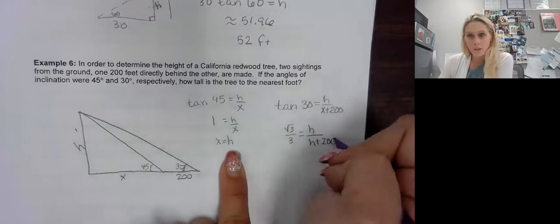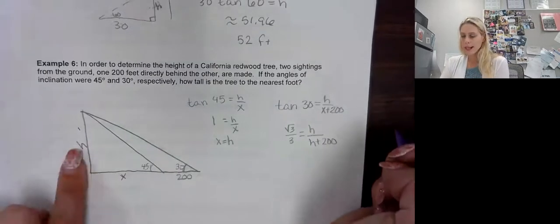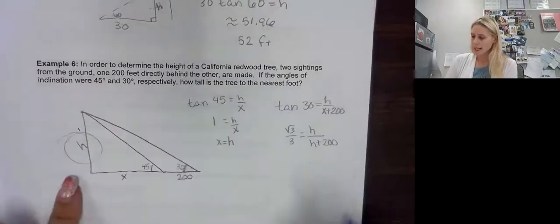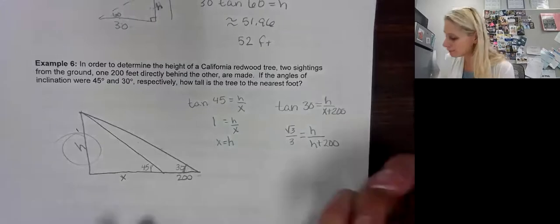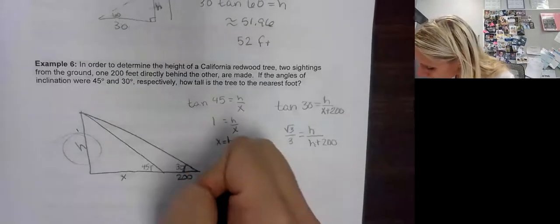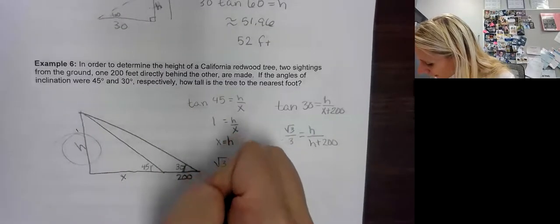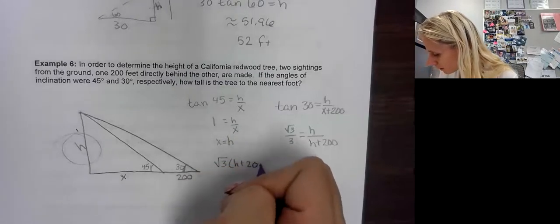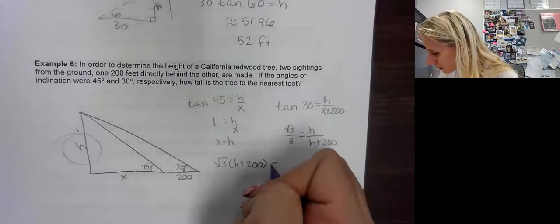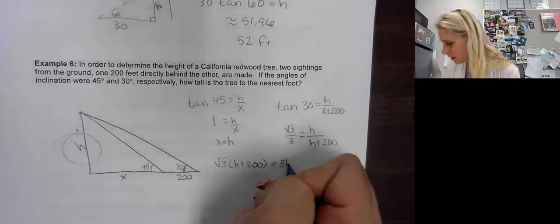So that way we're only dealing with one variable. Because what are we solving for? We're solving for h. This was our major task. Okay, fractions, don't like them. Let's cross multiply. We get square root of 3 times h plus 200 equals 3h.